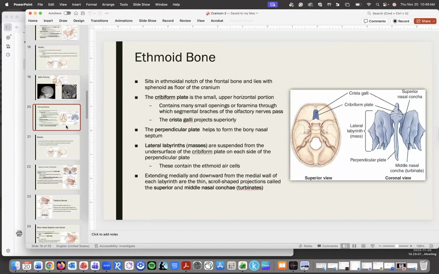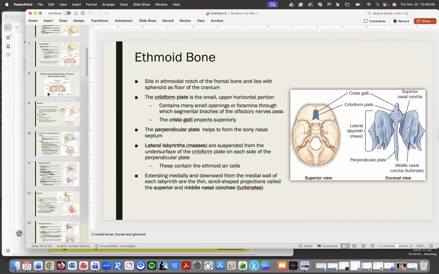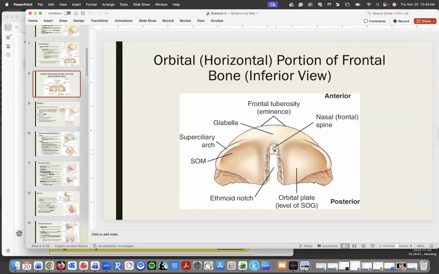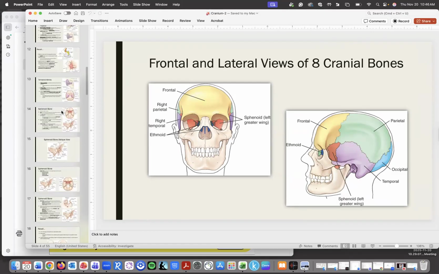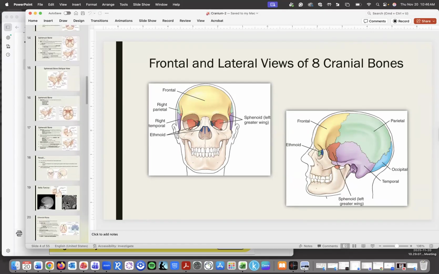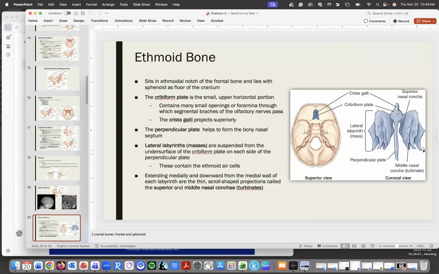All right. Our last more complex bone besides temporal and sphenoid is the ethmoid bone. That one is situated in a little notch in the frontal bone. We're looking at it here. Now we're talking about the ethmoid that sits right there and that we can see through the nasal canal right there. For the ethmoid, the perpendicular plate makes up part of the bony nasal septum.